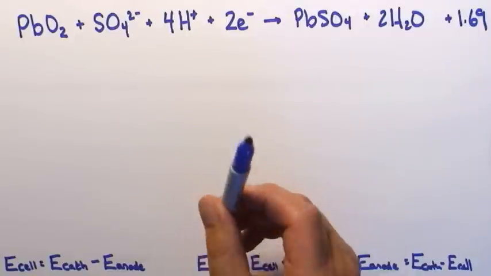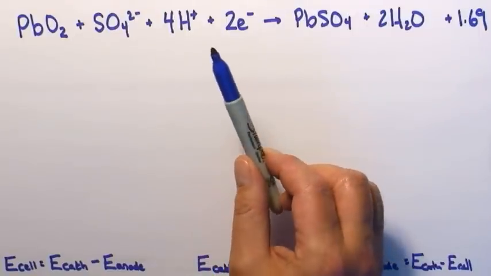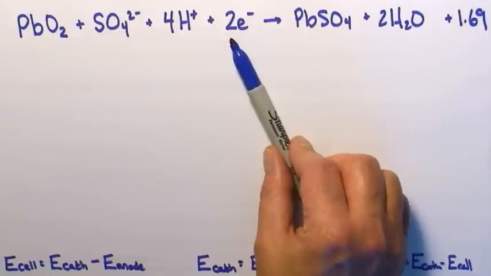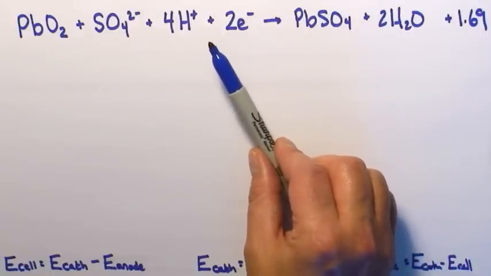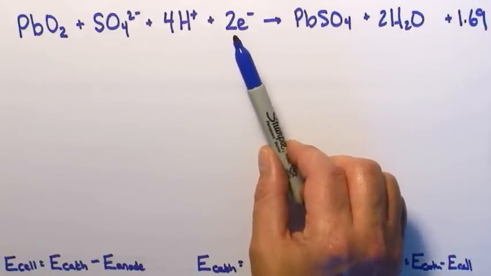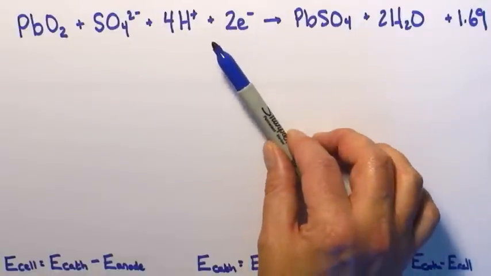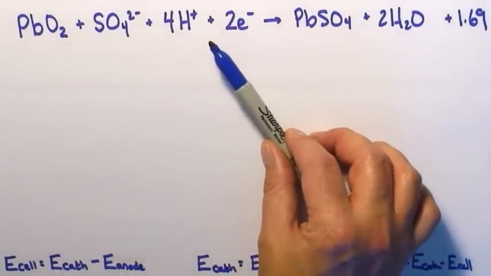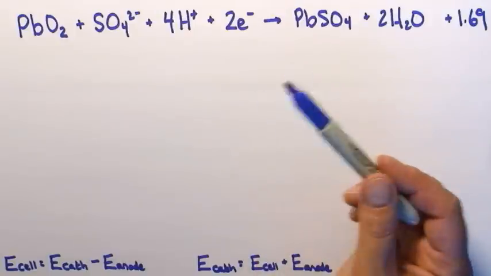Now it reacts spontaneously with the X substance, the X solid. We know it's spontaneous because the electrical potential is 2.00 volts, a positive value, which means it's a spontaneous reaction.